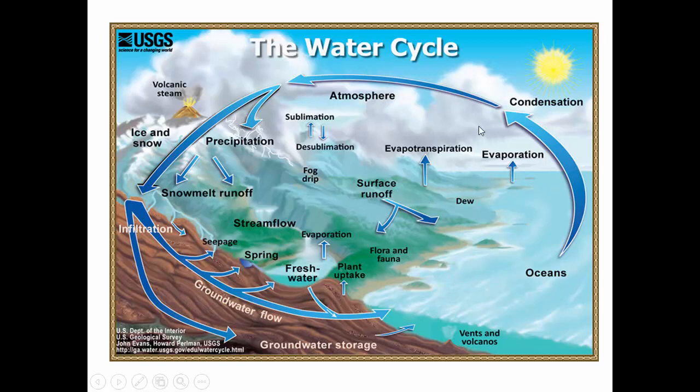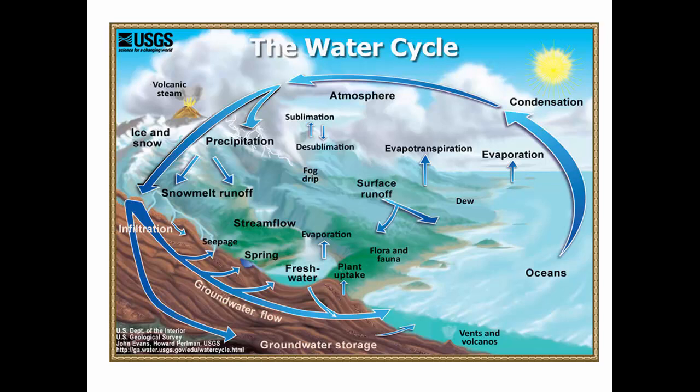Evapotranspiration, this arrow, refers to the effect of plants losing moisture through their pores. It is the process of taking water from underground through the roots and then exhaling water, in the same way that we exhale.